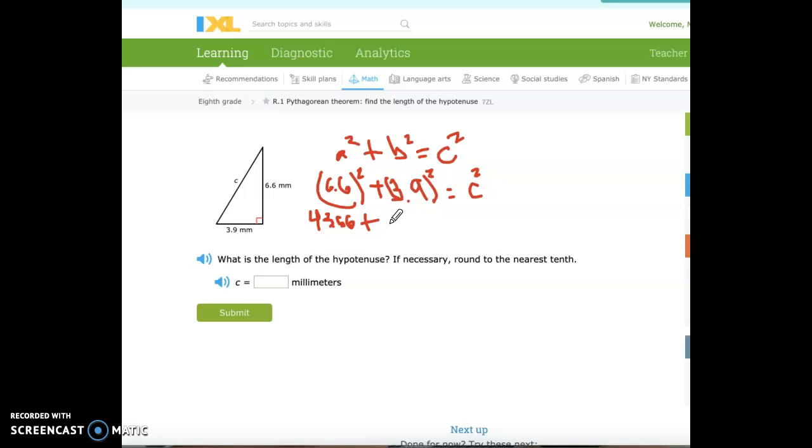And I also have 3.9 raised to the second power, and that is giving me back 15.21. So you're just taking 3.9 times another 3.9, or you can just raise it to the second power. Whatever you do, don't just double it because that would be incorrect. You can write it down twice and then multiply it. So anyways, on there, that's equal to c squared.